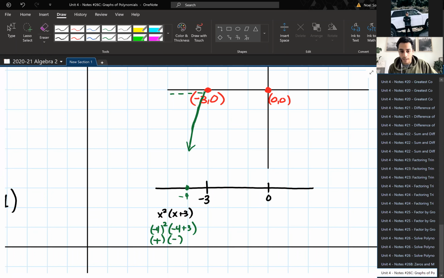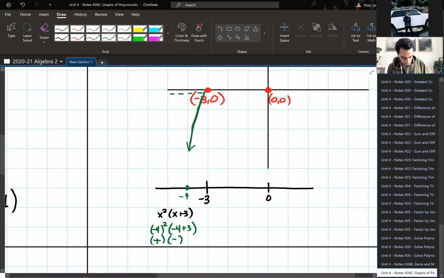I could have picked -5 or -6, whichever. Since we're just doing rough sketches, I don't need to know exact outputs. I just need to know, is that output going to be positive or negative? If it had been positive, I would have sketched up here. But since I got a negative in my sign analysis, negative means below the x-axis.